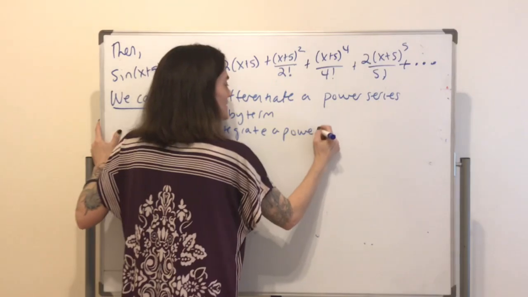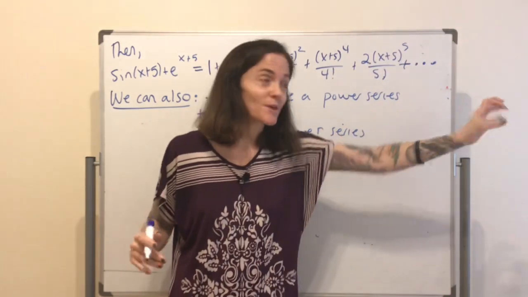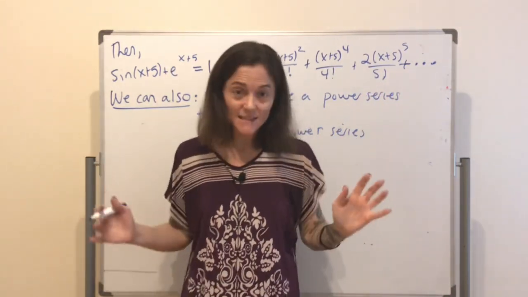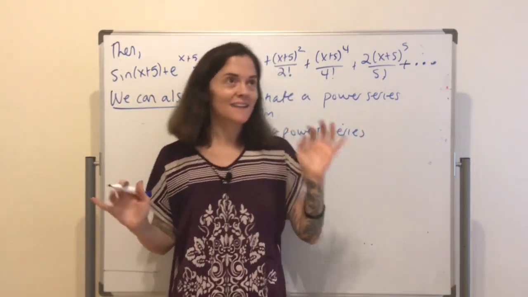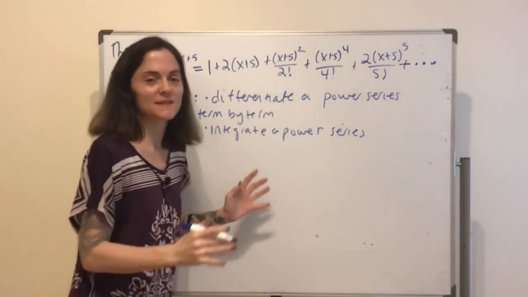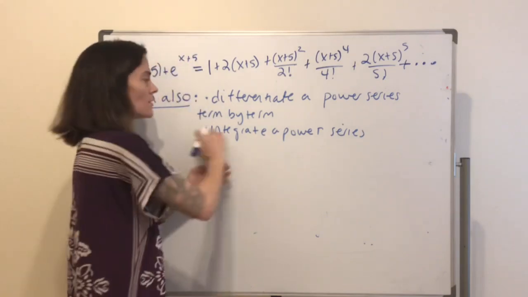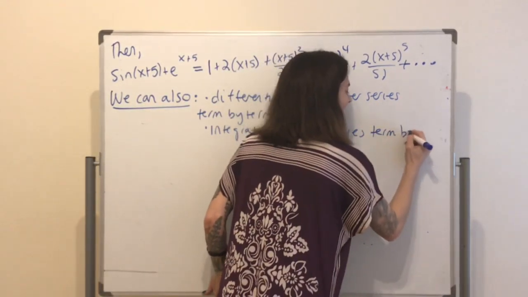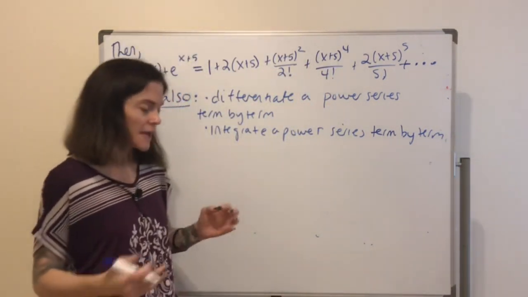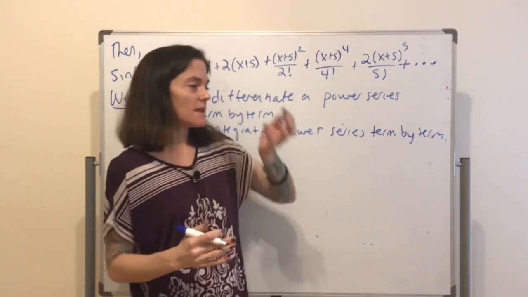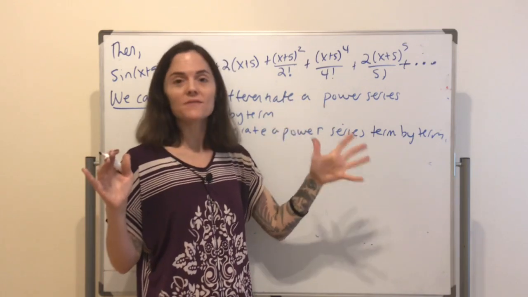The derivative of the power series, if you take the derivative term by term, will equal the derivative of the function. If you integrate term by term, it will be an antiderivative of the function. This is one reason why power series are so incredibly important, because there are many functions out there that we cannot have an elementary antiderivative of, meaning you cannot express the antiderivative in terms of a finite sum of things we know.